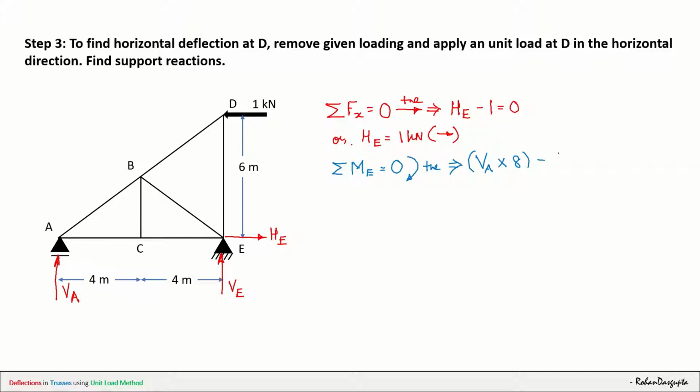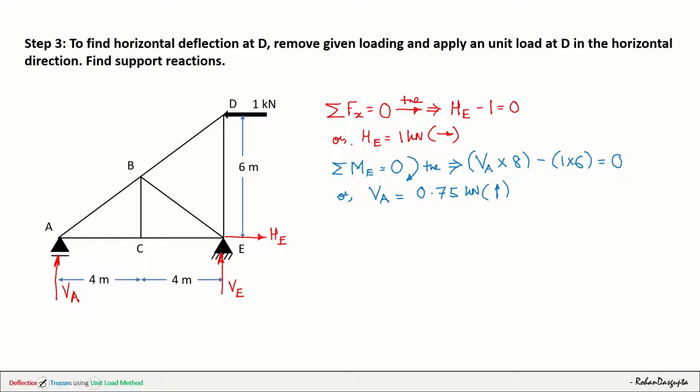So I will have to take that as minus 1 into 6 is equal to 0. Or VA will be equal to plus 0.75. And since this is plus, therefore our chosen direction of VA, that is upwards, is correct.